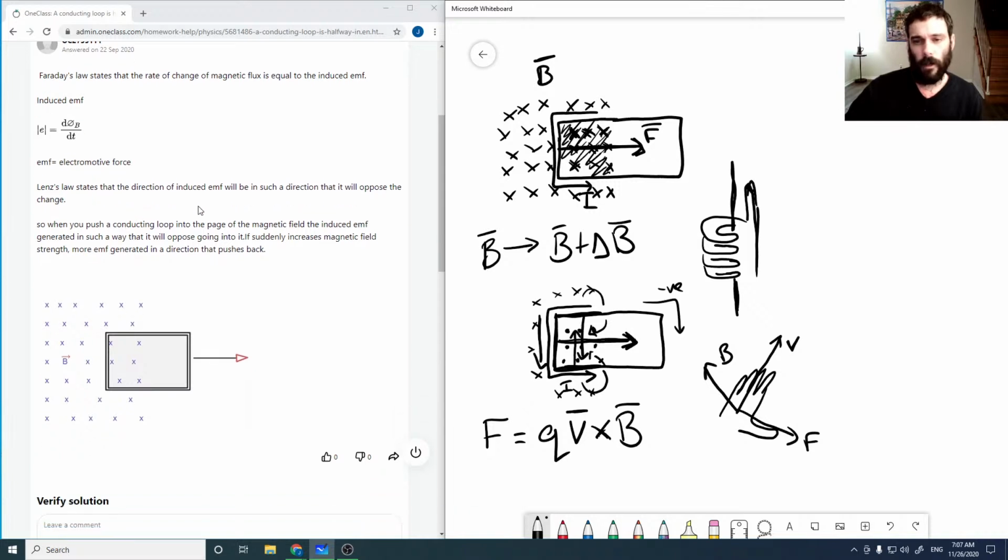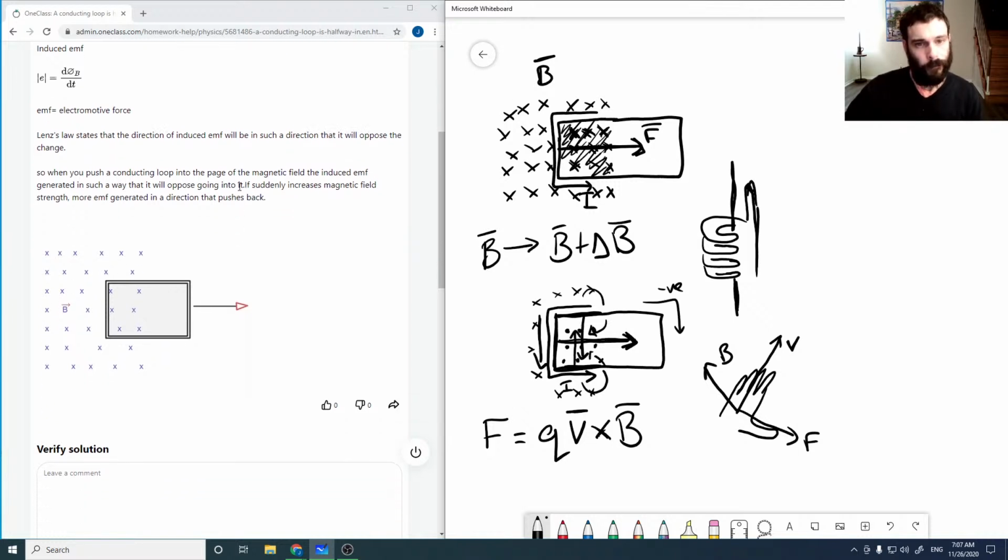And so Lenz's law states that the direction of the induced EMF will be such that it opposes the change. And so it will oppose, as we said, so that's why the current is in the direction it is.